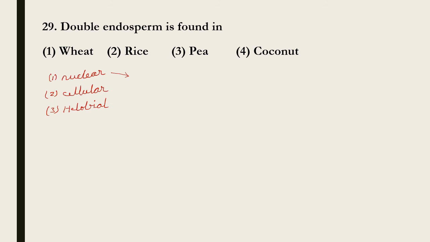So coconut water is nuclear endosperm and coconut kernel is the cellular endosperm. That means two types, double endosperm, we can observe in coconut. So the correct option is 4.